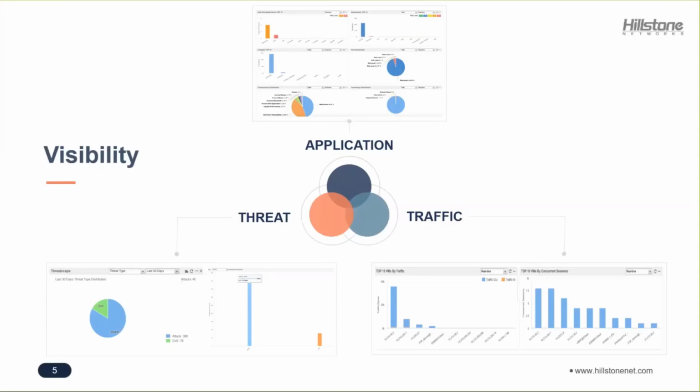You can also see the traffic aspect: the top 10 traffic by session, top 10 traffic by volume, things like that. All of this information is fairly detailed. You can click on the charts and drill down to see the detailed information.